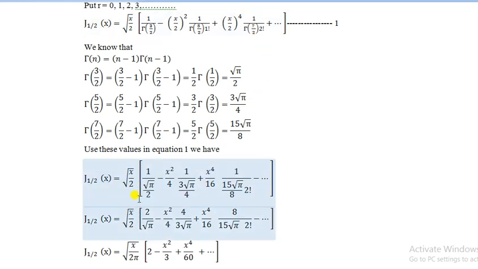So now 1 divided by square root of pi by 2 means 2 divided by square root of pi.